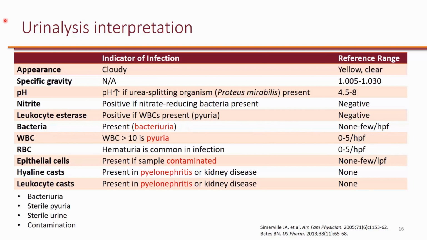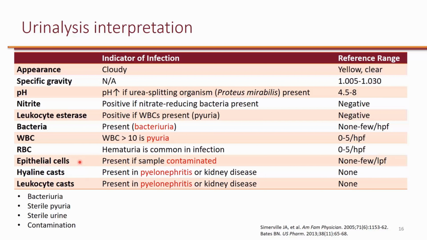However, note that in a urinalysis, if you do find bacteria, this could be due to contamination. So this may not necessarily be bacteriuria; it could be just contamination. The way that we check for contamination is that we look at epithelial cells. Epithelial cells are from the skin, so you shouldn't have them in the urine.